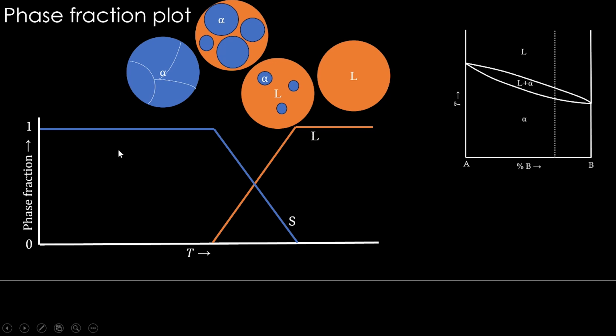How is it different? If you want to figure out the phase fractions in a binary diagram, you have to draw a tie line and apply the lever rule and things like that. But here these things can appear directly. This is quite useful when the composition is fixed. You can see there is no composition on the y-axis or x-axis.